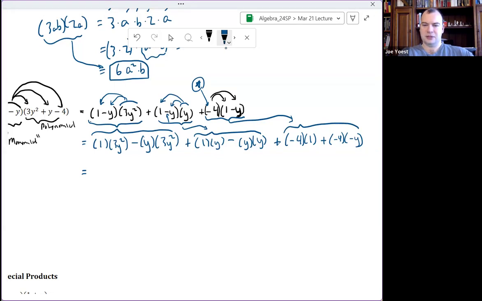Okay, let's simplify now. 1 times 3y squared is just 3y squared. Up here I have y times 3y squared. Again, I can rearrange. I see that y times y squared, same base, I add the exponents, that's going to be a y cubed. So I get a minus 3y cubed.